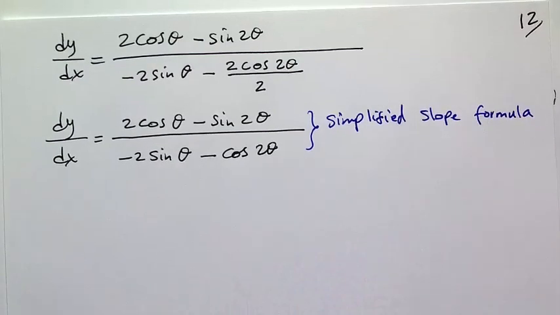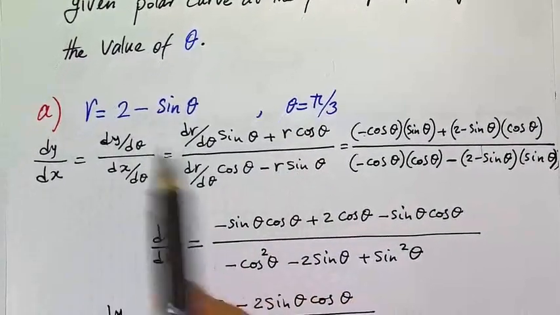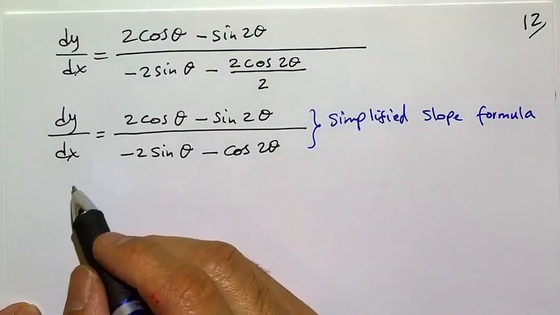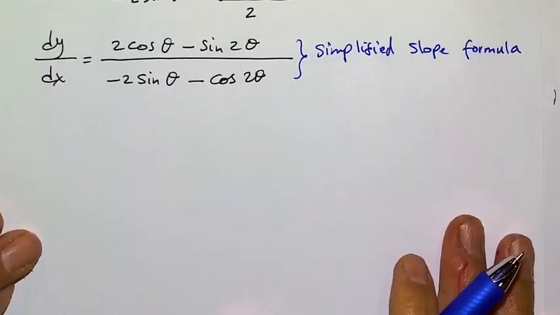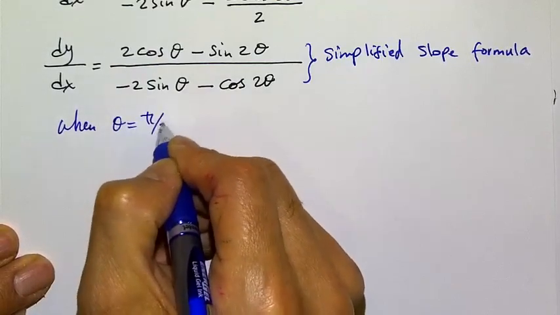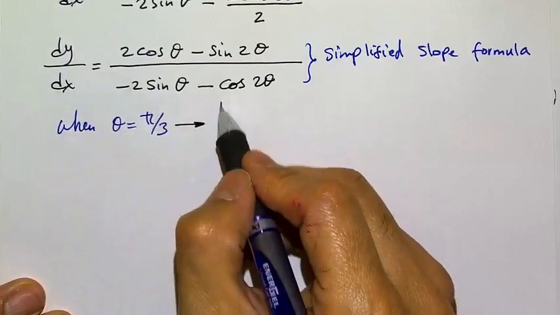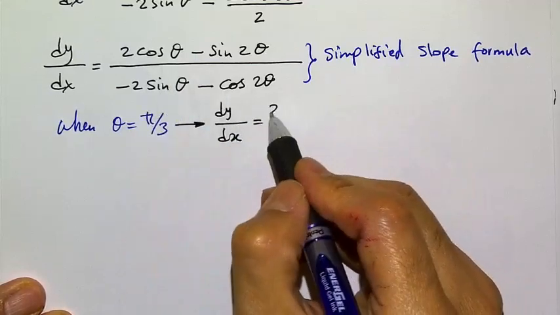Okay, so now we were told that we have to find the slope when theta is pi over 3 for this polar curve, right? So when theta equals pi over 3, then we have the slope equation dy/dx equals 2 cosine.